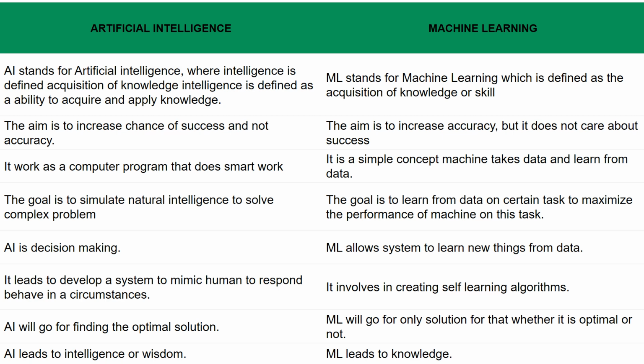Now let us see the difference between them. AI stands for artificial intelligence, where intelligence is defined by acquisition of knowledge. Intelligence is defined as the ability to acquire and apply knowledge.